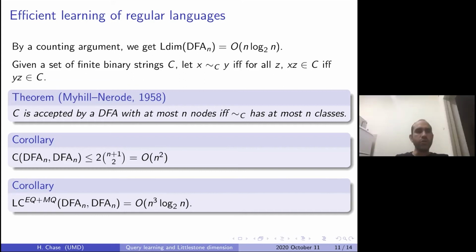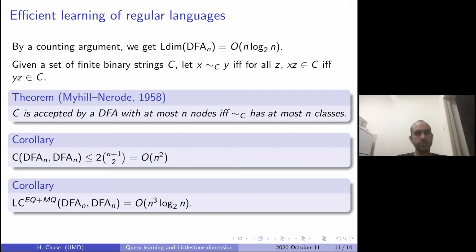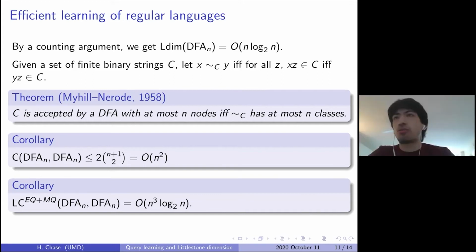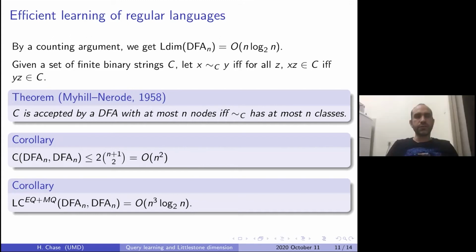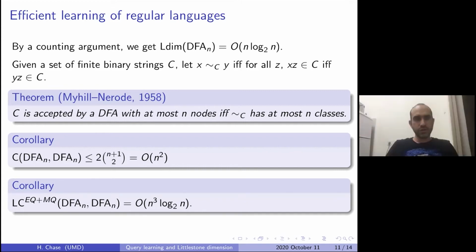Do you have a lower bound for this corollary? I mean, the lower bounds that we get are just Littlestone dimension and consistency dimension. For the consistency dimension of DFA, is it n squared, or can it be much smaller?